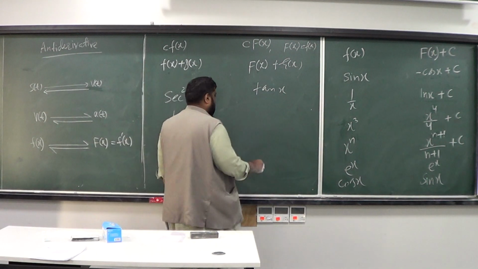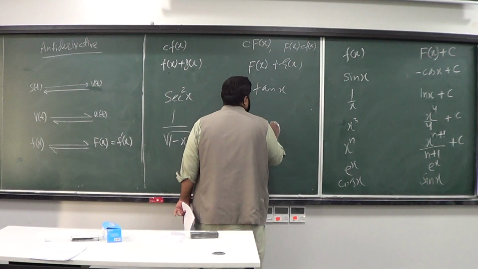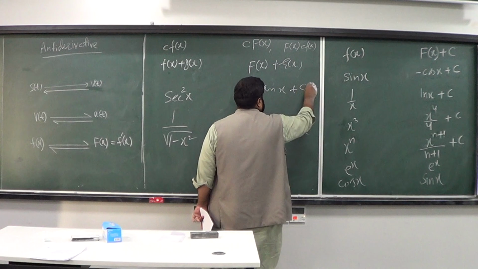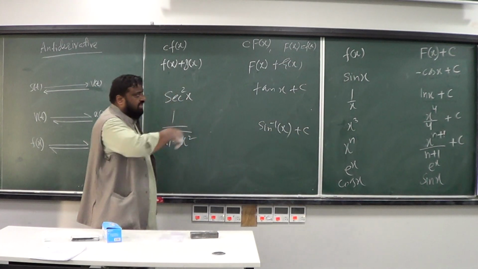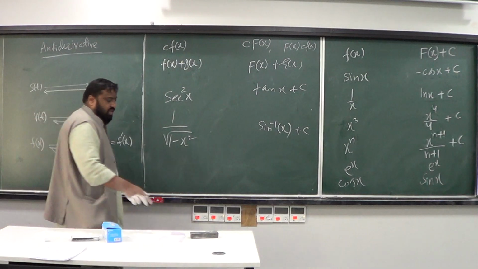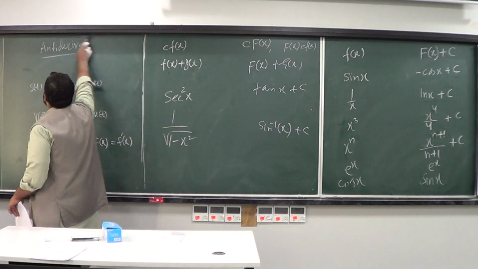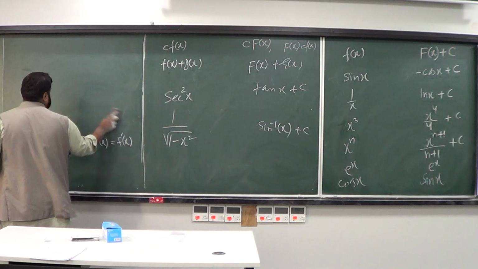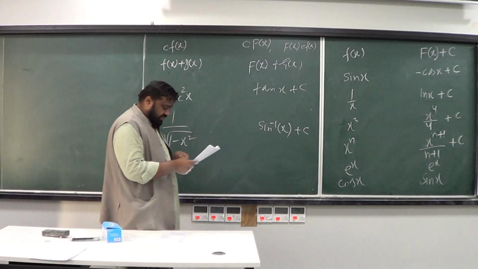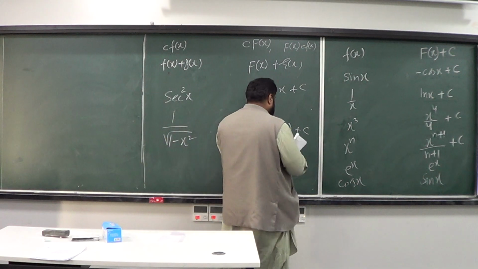You're going to say sine inverse x plus some constant, and so on and so forth. So this is really going backward. So let's solve some problems based on this list.